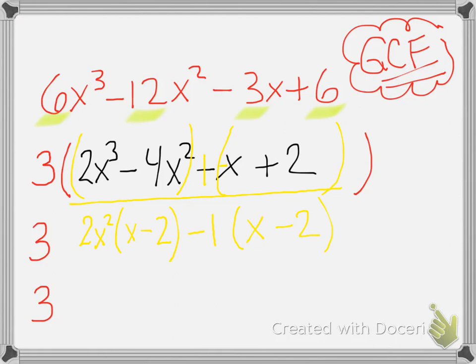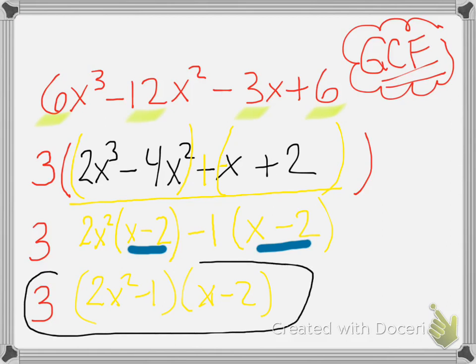Now if I rewrite just the yellow part, I have 2x squared minus 1 times x minus 2, because remember, these were exactly the same. That's what I wanted. So now this part is my final answer.